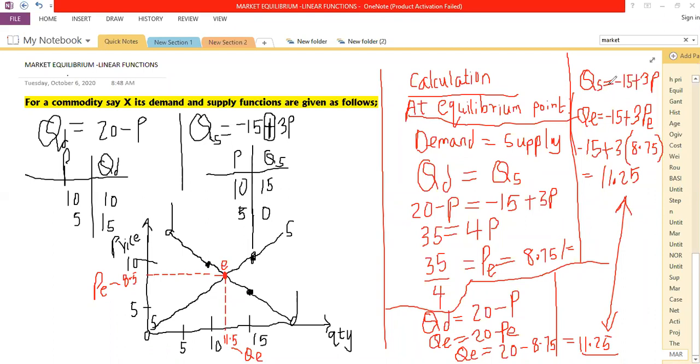For us, we started by looking at the P, the equilibrium price, which has helped us now to identify the equilibrium quantity by using either the demand or the supply function. So I hope that is clear on how to come up with the demand at equilibrium, also the supply at equilibrium, and also the equilibrium price.